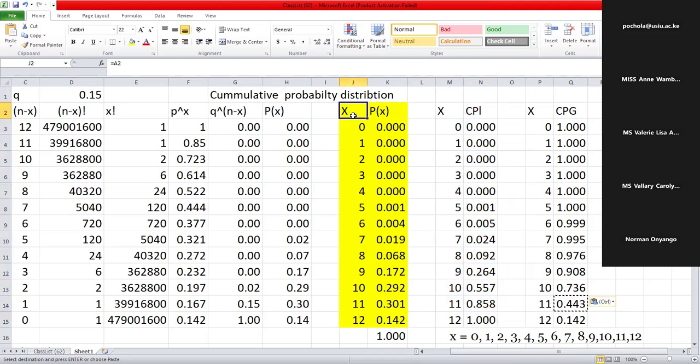All you need is to plot this on the x-axis and this on the y-axis. You sketch two axes, x and y. The horizontal axis is labeled x, the vertical axis is labeled p of x. Then you create your own scale.